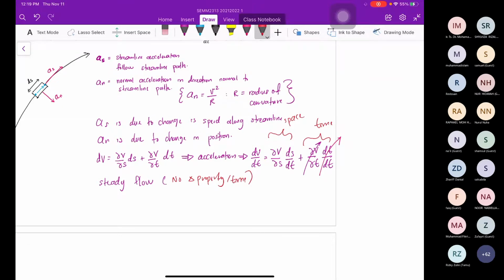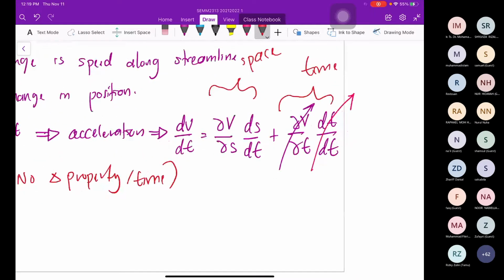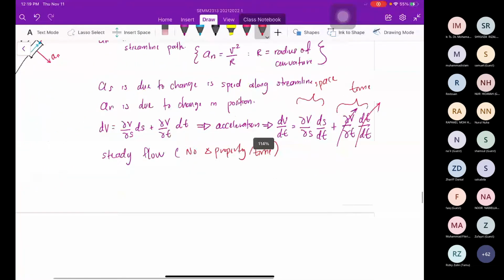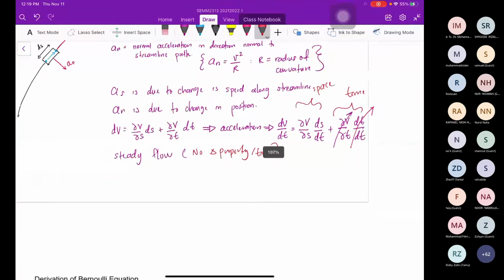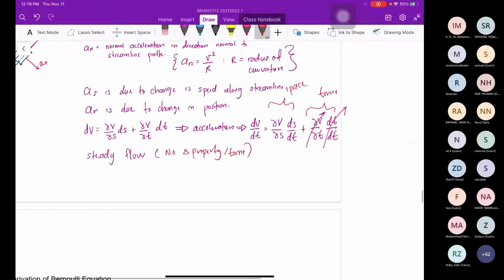The property means the velocity, but there is a change of the distance. So we can put it this way: the partial derivative of this with respect to time equals 0.